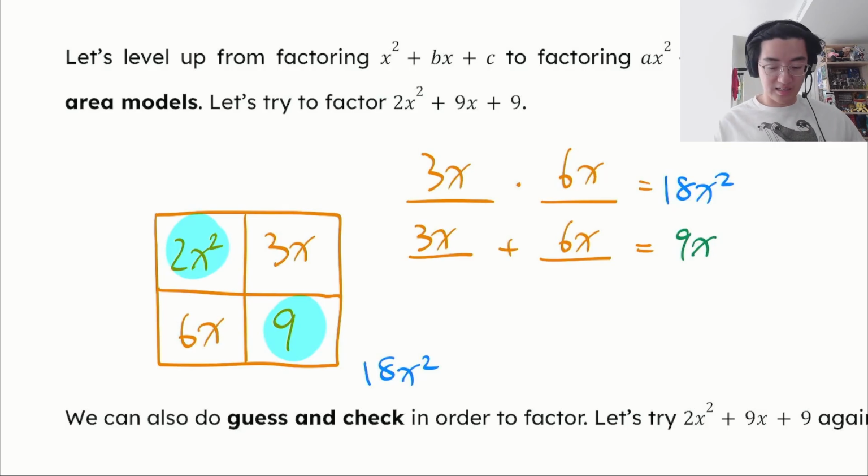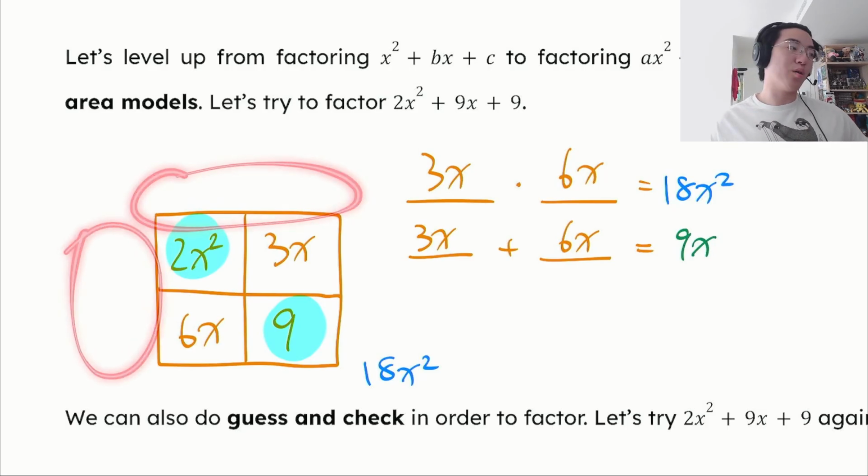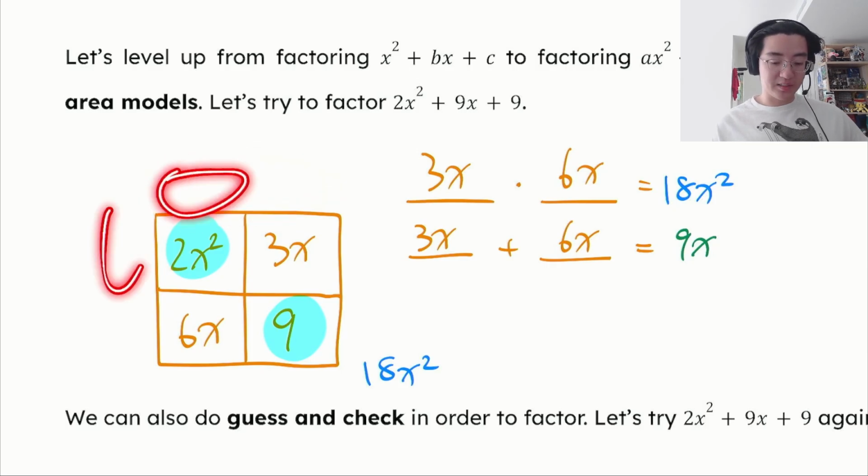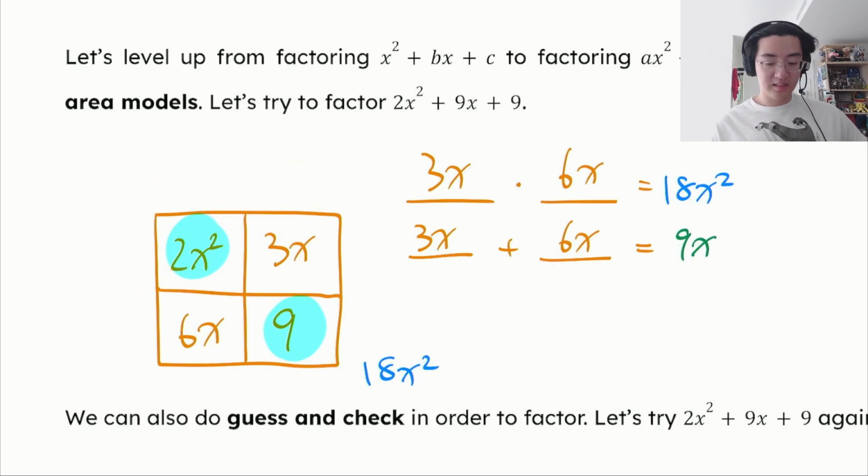Okay, and now, last step as always, find out what's all over here. We know for sure that this times this is 2x squared, so the only way for it to happen is x times 2x. And then from here, we realize that, oh, hold on a second.